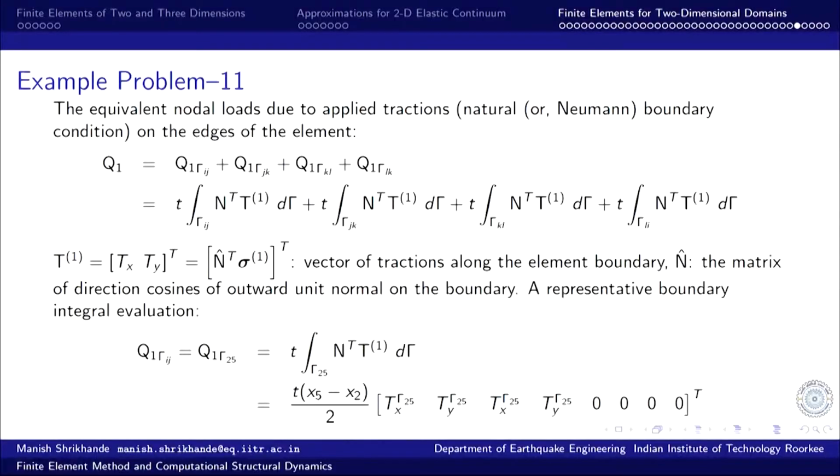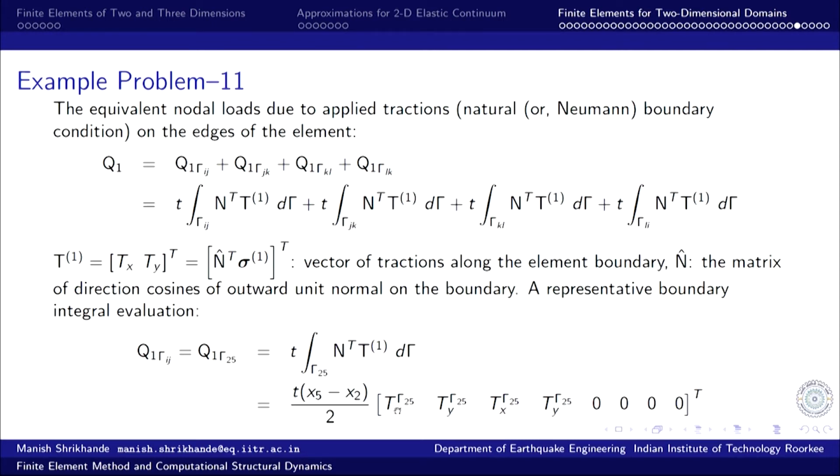the product of the direction cosines with the normal stress and tangential stress along the element boundary. So, this is what we will get, vector of tractions along the element boundary, n hat, the matrix of direction cosines of the outward unit normal. For this particular geometry it is simply 1 and 0, and a representative boundary evaluation looks like this. So, n hat T 1.